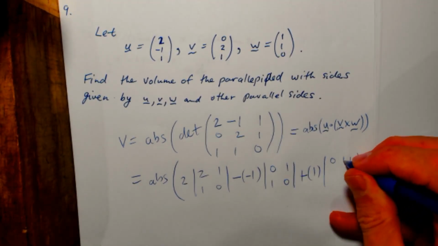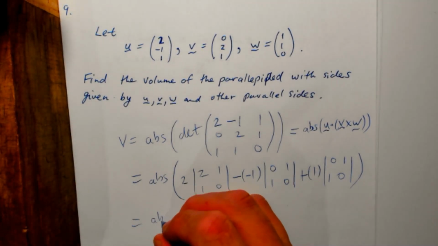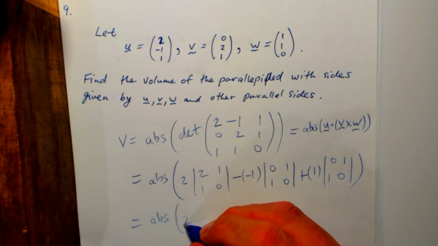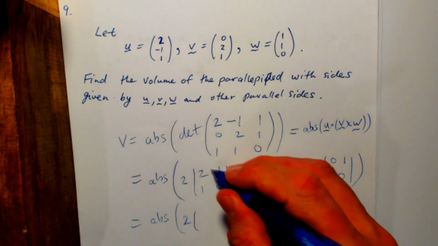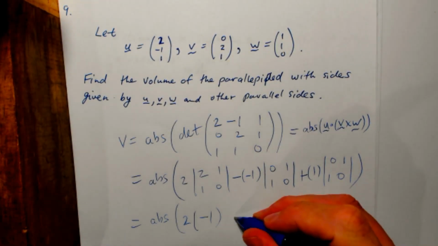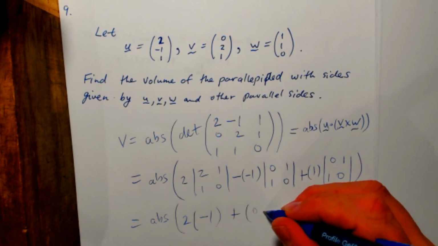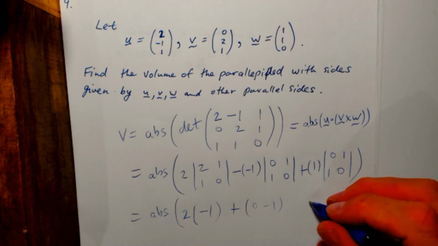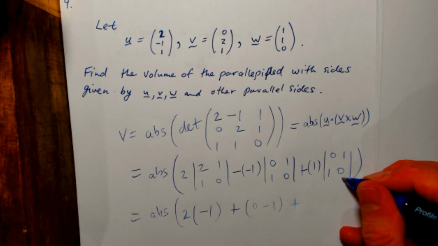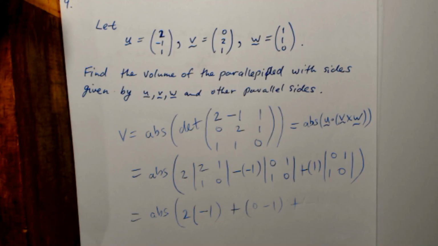So 0, 1, 1, 0. Okay, now we simplify. ABS for absolute value. So that's 2 times 0 minus 1. And then this is plus 1 times 0 minus 1. And then this is plus 0 minus 1, which is minus 1, and I'm out of ink now, so I've got to find another pen.